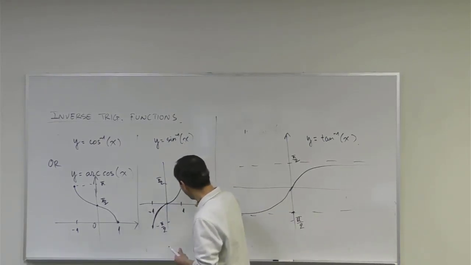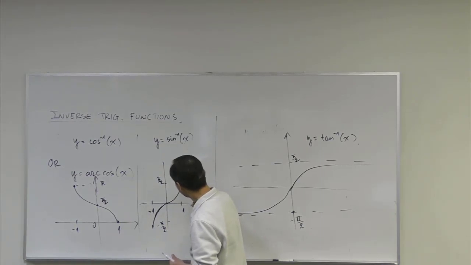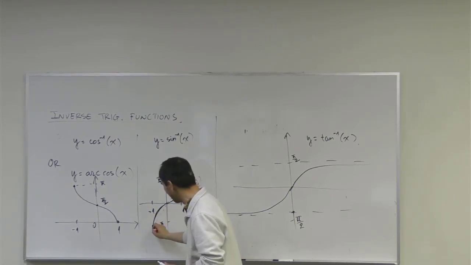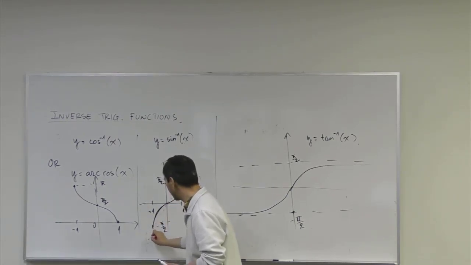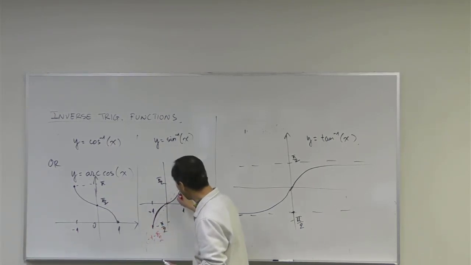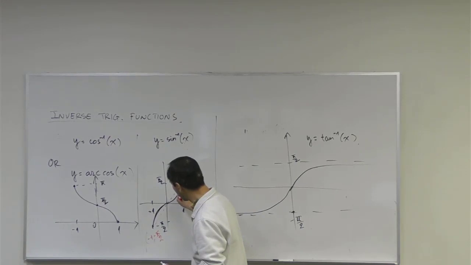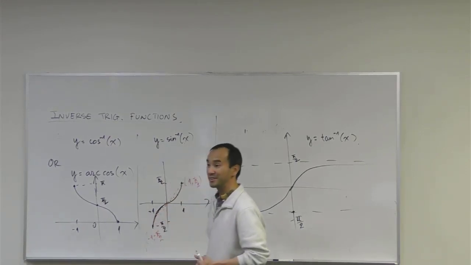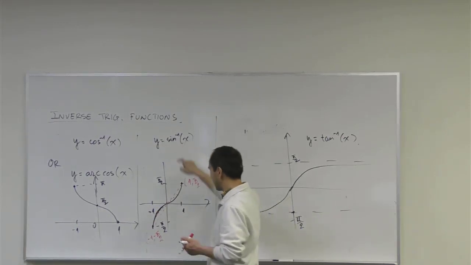Think about the point 1 comma pi over 2. It has an exact mirror image through the origin at the other point, down here, negative 1 comma negative pi over 2. Every point on one piece of the graph has an exact mirror image through the origin on the other piece. That's why sine inverse is odd.